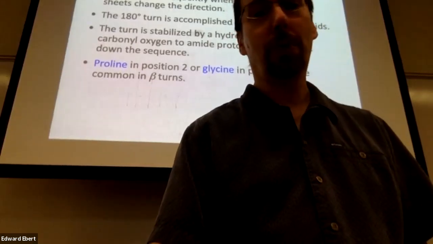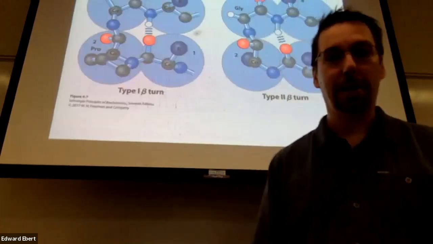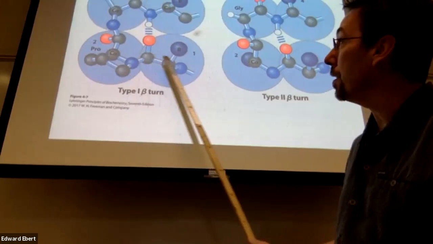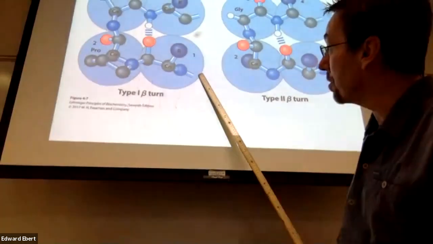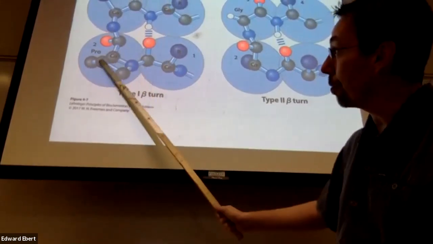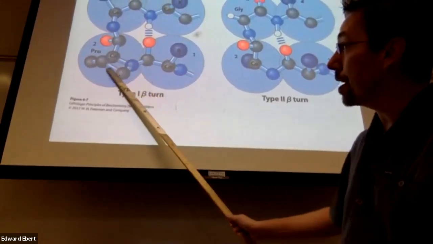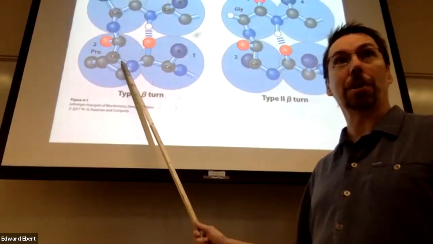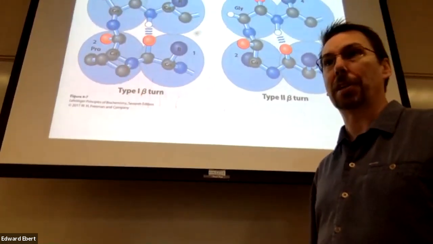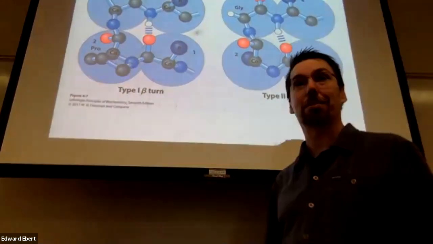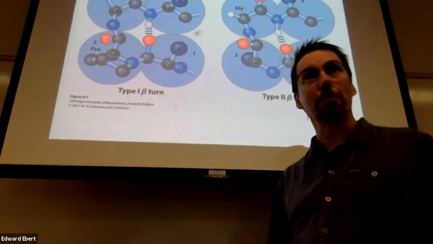the allowable angles of rotation. So if we look at our type 1 beta turn, type 1 is our proline. Here we have one beta sheet, and an amino acid here. Position 2 is a proline, with this constrained configuration. This is actually probably going to be a cis configuration as well. Something like 99.96% of prolines are in the trans form.